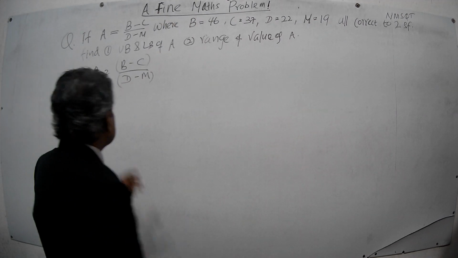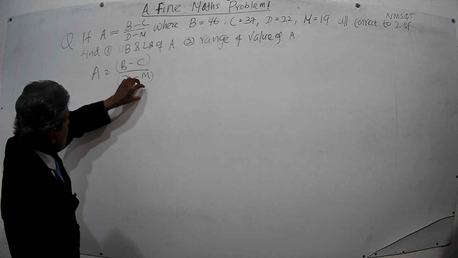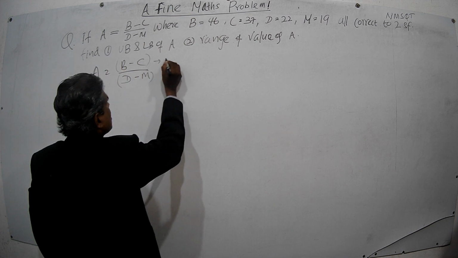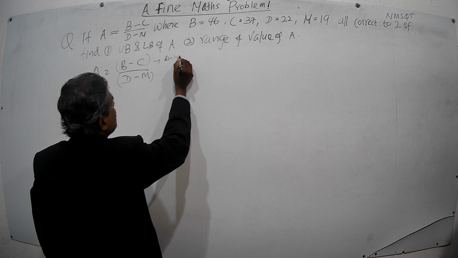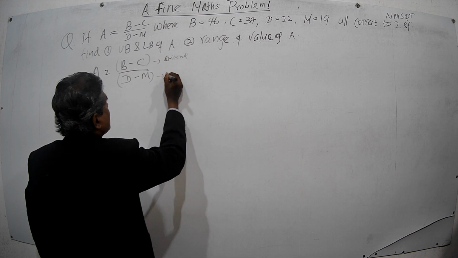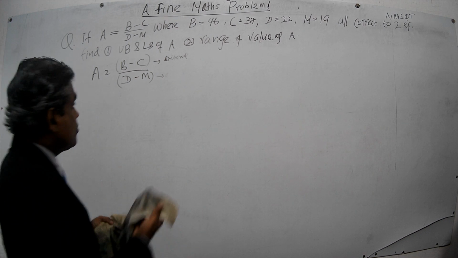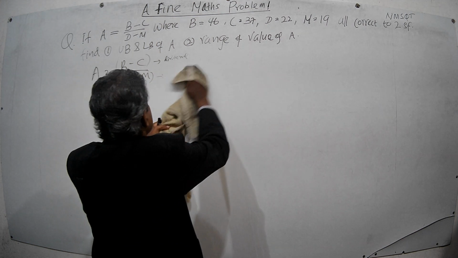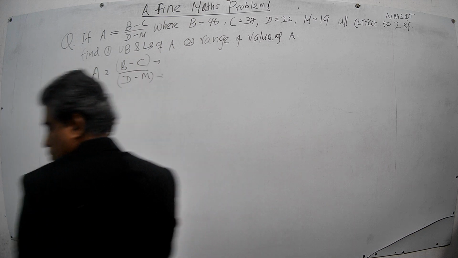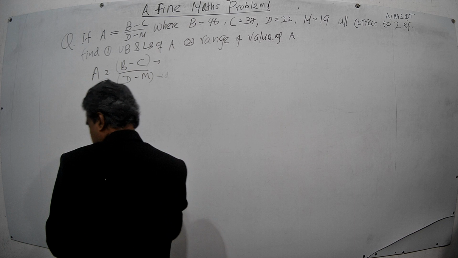Now, you must treat this as a division of two statements. This is one statement, and that statement is divided by this statement. This is the numerator and this is the denominator. Otherwise, the top part is called the dividend, and this bottom part is called the divisor.